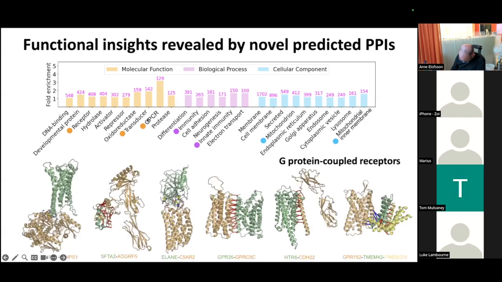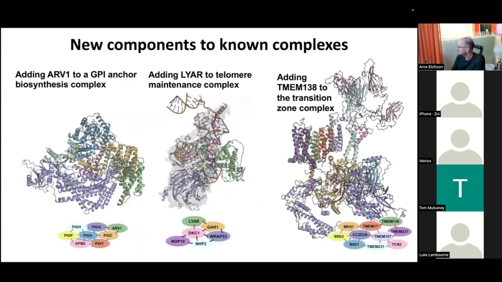Below, I have a couple of predicted interactions involving GPCRs. Some of them are upstream or downstream molecules of GPCRs. There are also interactions between GPCRs and other transmembrane proteins. If any of them are validated, they could lead to really exciting biological discoveries.